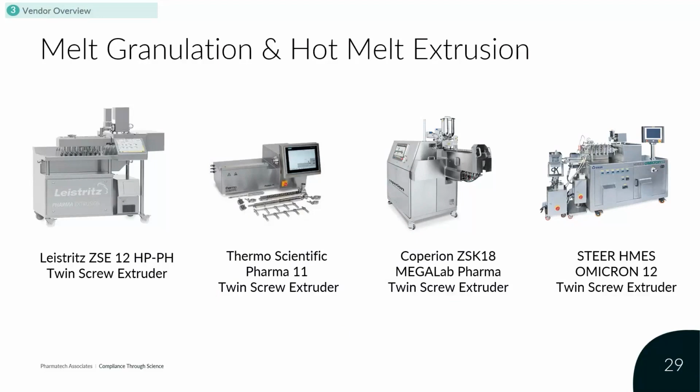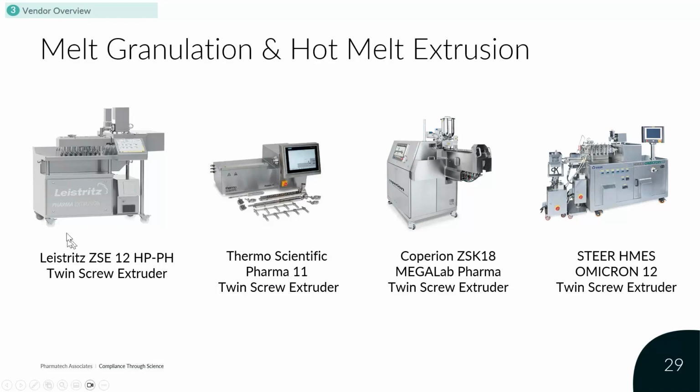Of course, this looks familiar to the wet granulation twin screw process I mentioned before, but this is where this technology came from: melt extrusion technologies from the chemical industry, from the plastic conversion industry. And then these devices have been modified and used differently for pharmaceutical granulation technology. In other words, for melt granulation and hot melt extrusion, this is the home base of this technology.